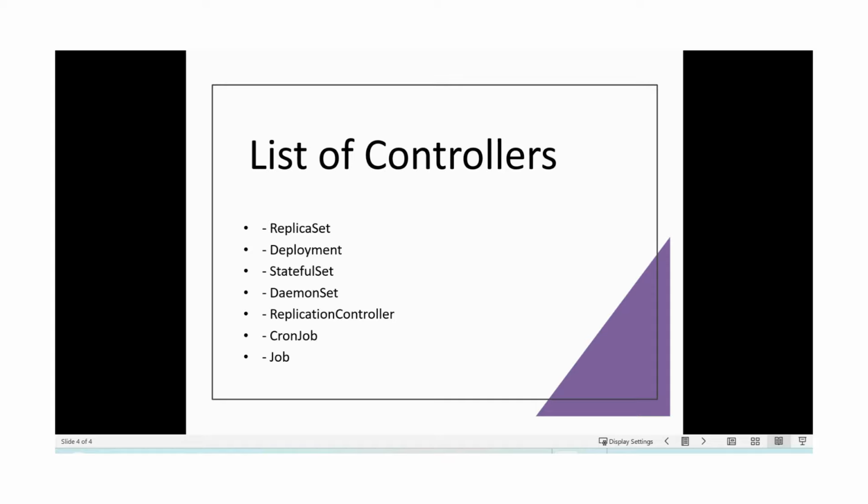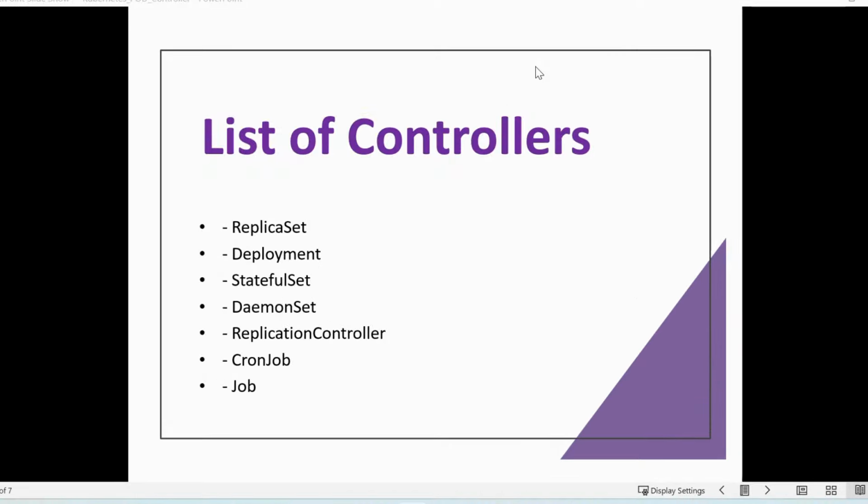When someone asks you what controllers are, you should be able to visualize what a controller is. In the upcoming videos, I will be covering each individual controller in detail.